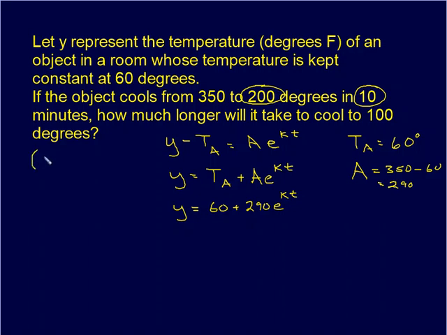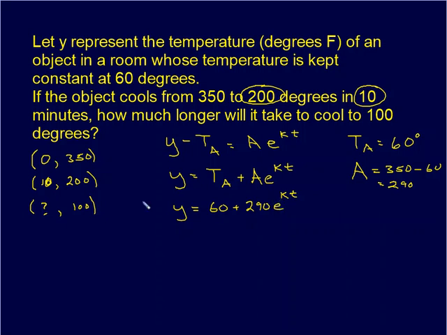At time 0, the Y value of the temperature was 350 degrees. And then secondly, after 10 minutes, the temperature was already down to 200. And then what we're going for really is how long until it was down to 100. But we won't know this until we actually have this model completed.